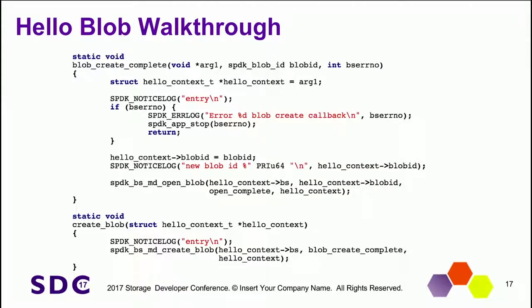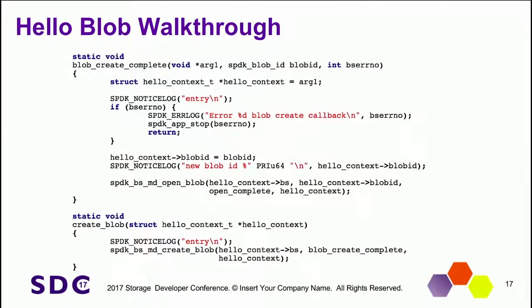All right, and starting from the bottom, if you've written code in this kind of event framework before, everything kind of looks upside down because you write where your callback is, and then you go right above that function and write the callback, so everything looks backwards. But here's the function for create blob, and all I do is create a blob. I call one of the asynchronous functions with a callback. Say, okay, I want to create a blob, and call create complete when you're done.